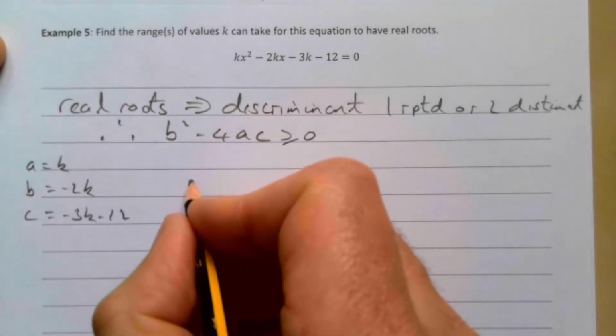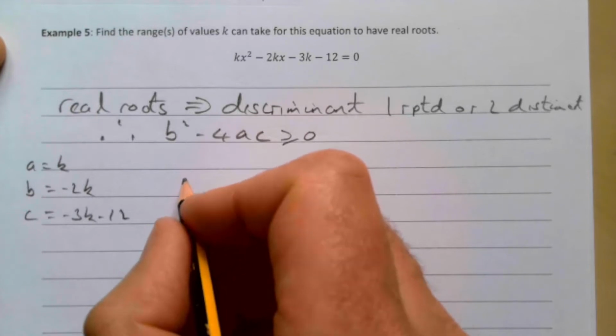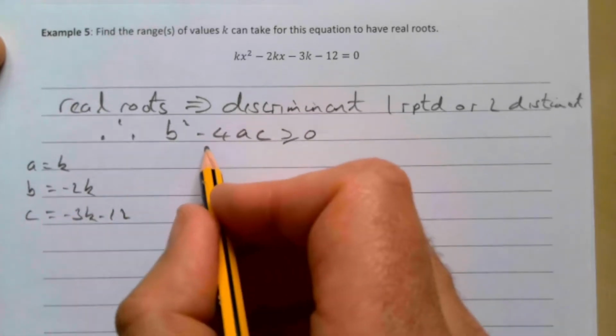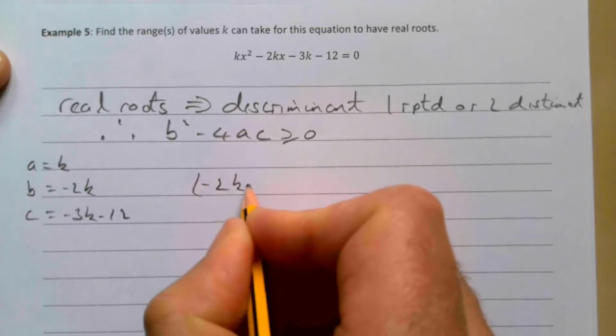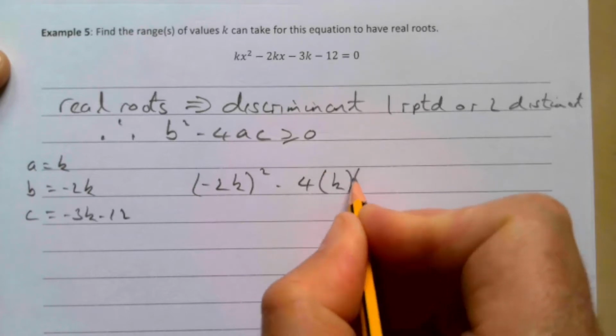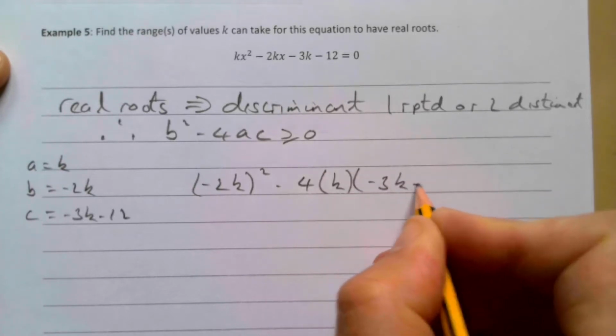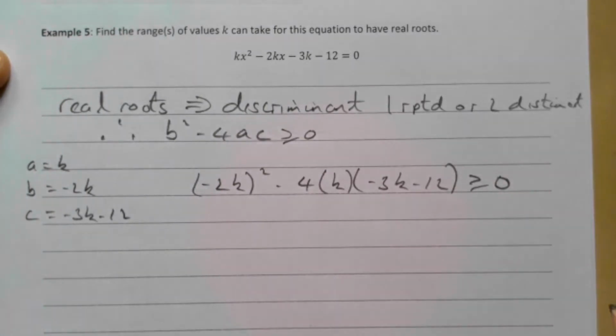So our b squared is going to be minus 2k squared minus 4 times k times minus 3k minus 12, greater than or equal to 0.